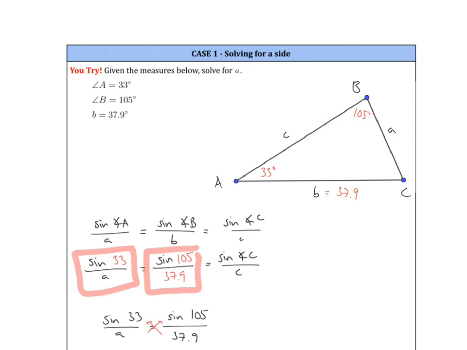Alrighty, go ahead and double check over your answers. The measurements given for this You Try was actually the same as example 1. It's just that instead of looking for little c, they're now asking us to look for little a. So we substitute the values in and decide these are the two proportions that we're going to use.